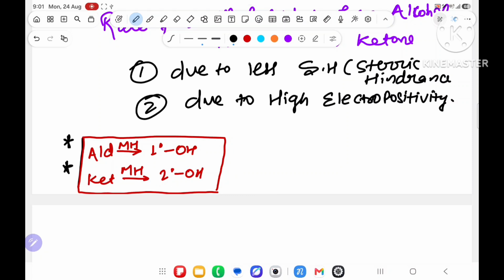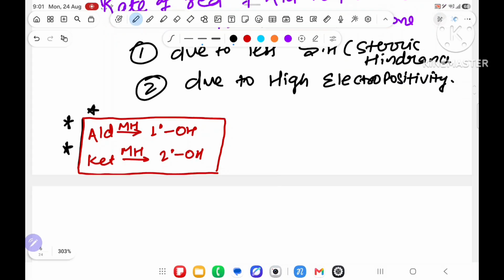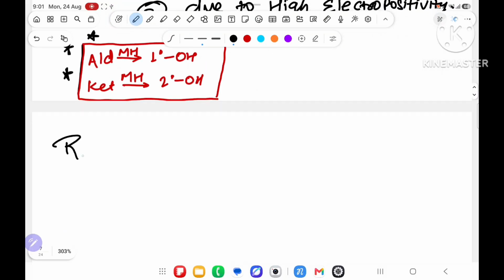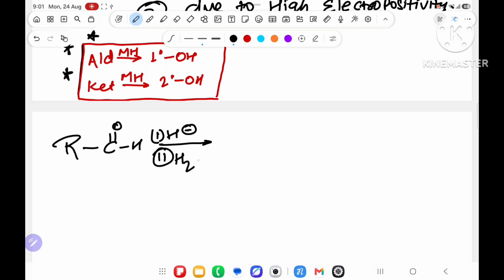Now, sir, you said it is a short trick, but I don't want the short trick. Dictate to me how you are saying it. Suppose I take an aldehyde, RCHO. The first reagent is H minus, and the second reagent is H2O, and it will convert into RCH2OH. How, sir?